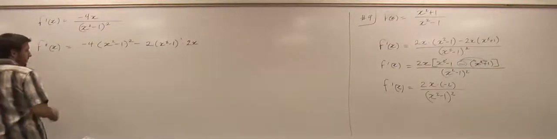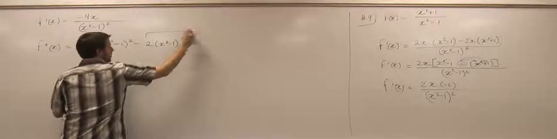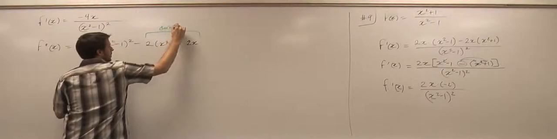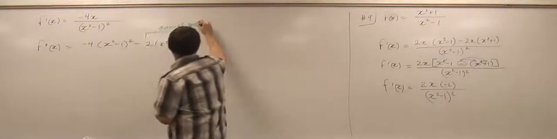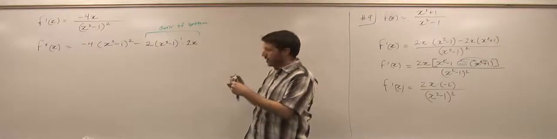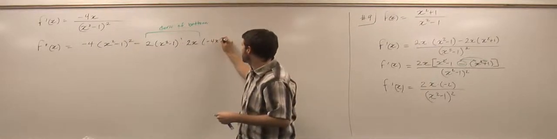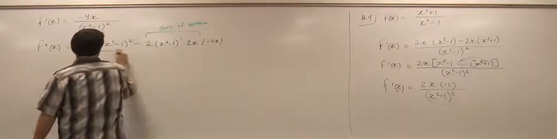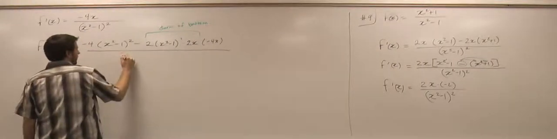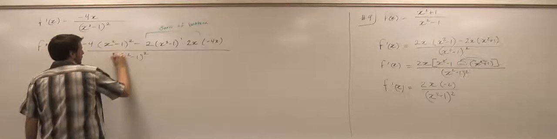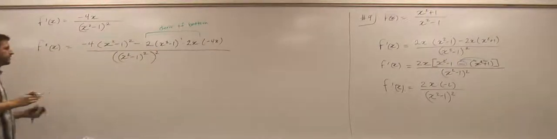So that's the derivative of the bottom. Then what do I have to do? Times the top, right? All over the bottom squared.